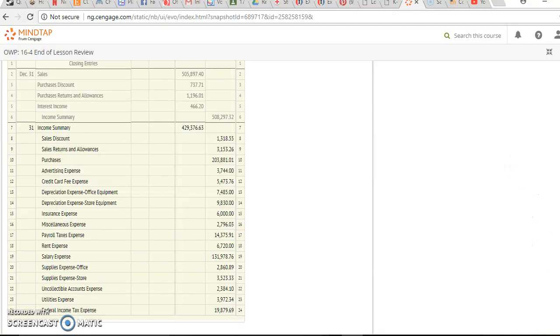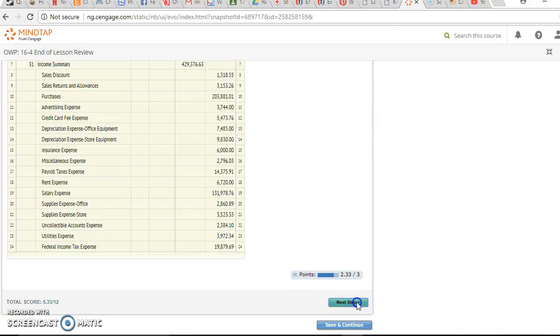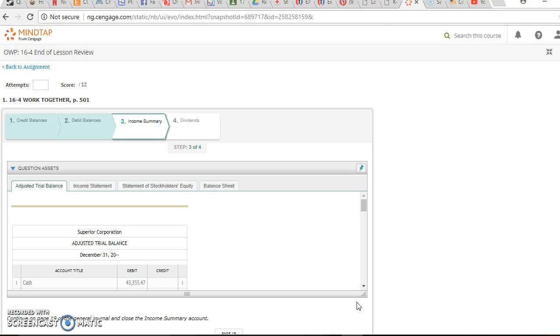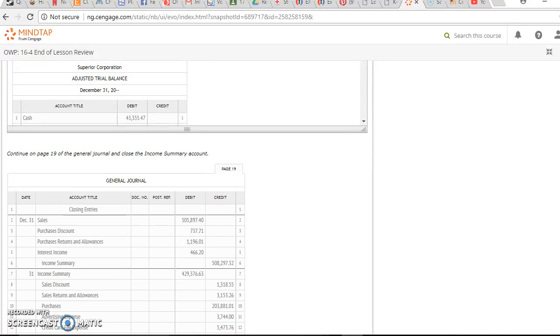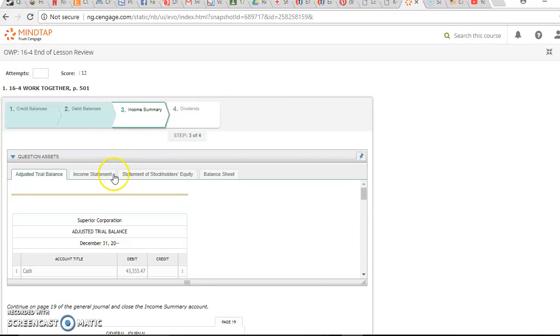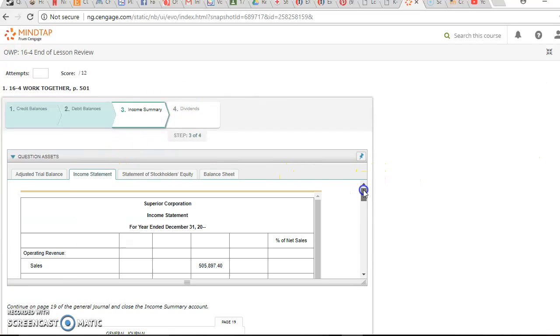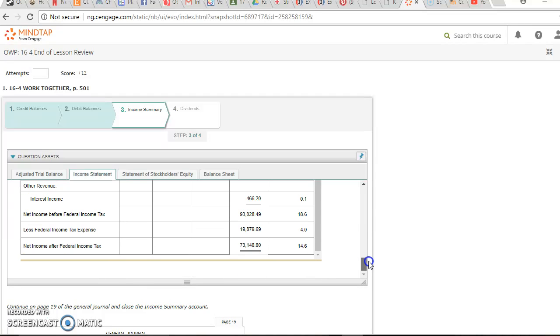Okay, so then we're going to go on to the next step, which is updating your net income or net loss to your retained earnings account. If you look on your income statement, the net income after federal income tax was $73,148.80, so we made money.